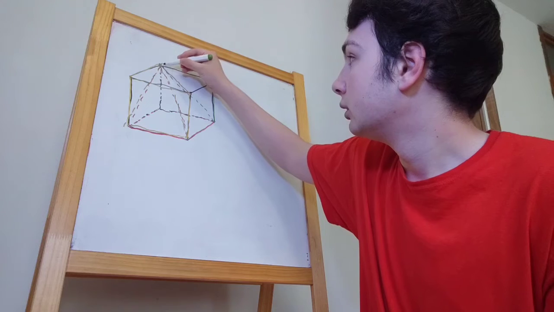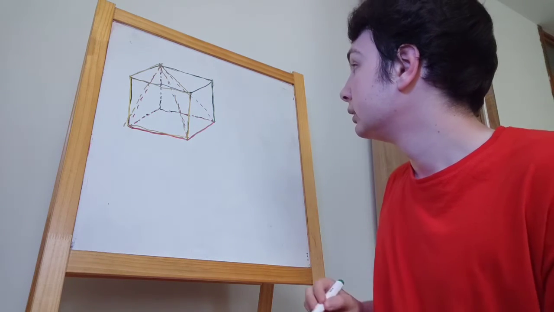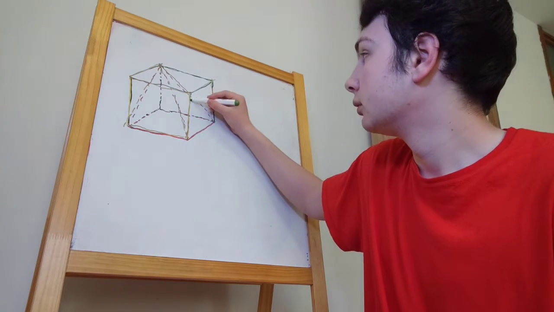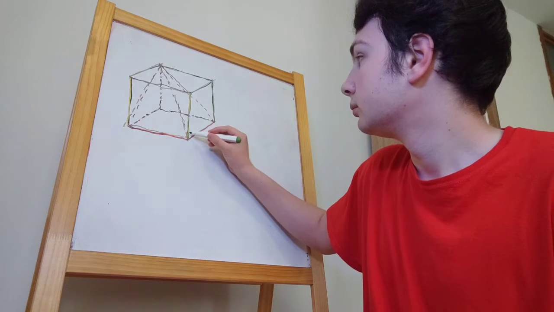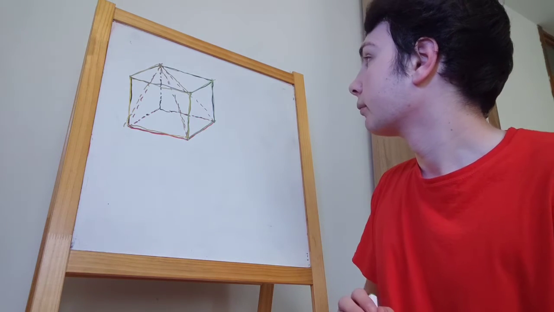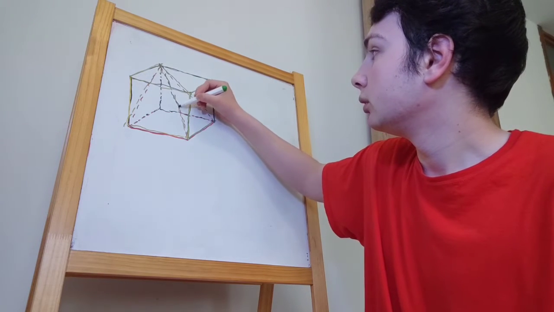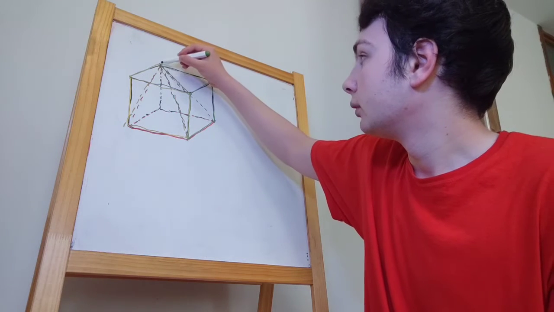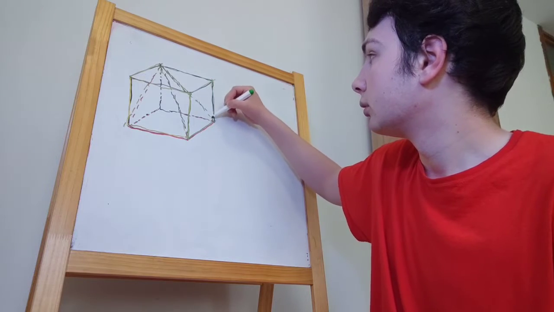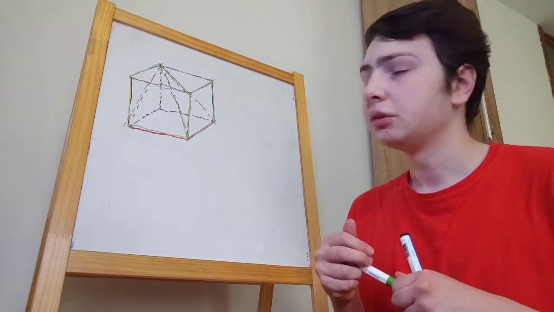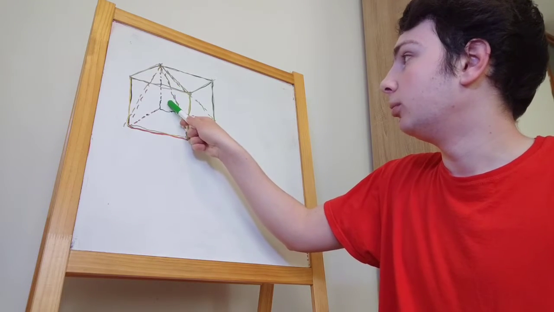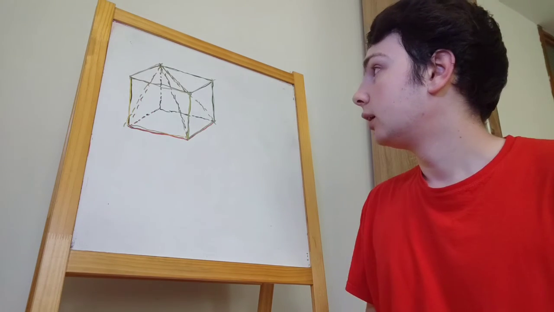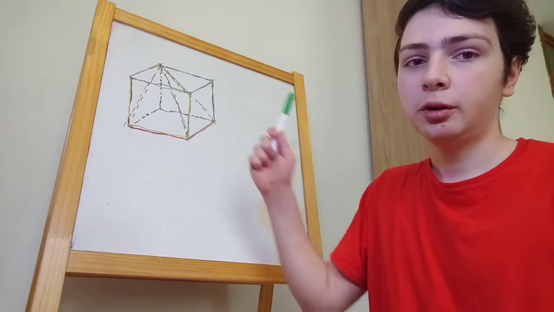So this, great. So notice how the yellow plus the green plus the red pyramid give us the volume of the cube.